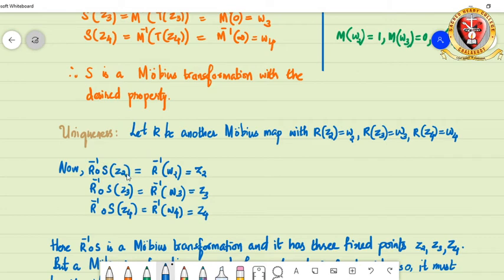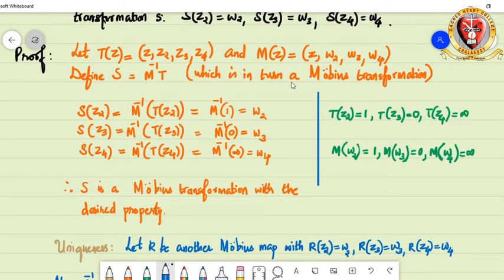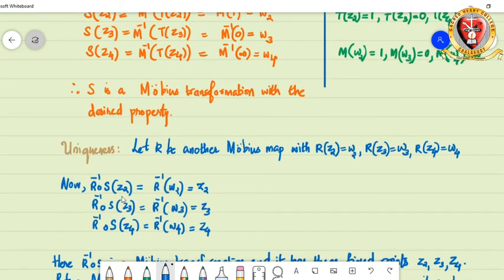Now we know that S of set 2 is mapping to the point W2, right? So instead of S of set 2, you can write W2, okay? And we assumed that R of set 2 is equal to W2, that means R inverse of W2 is nothing but set 2. And the same thing is happening for set 3 and set 4 as well, okay?